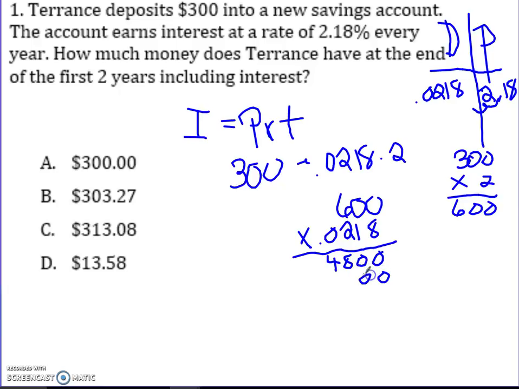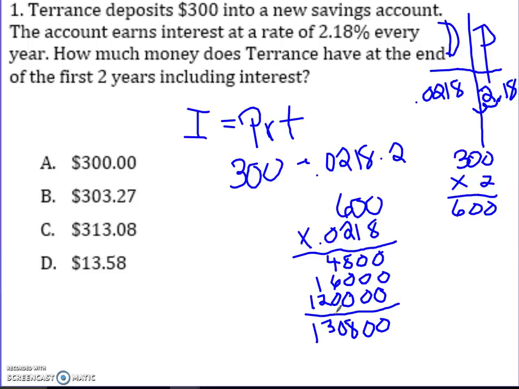Placeholder. 1 times 0, 0. 1 times 6 is 6. 2 placeholders. 2 times 0, 0. 2 times 6 is 12. We add it up. 0, 0, 8, 10, 3, 1.